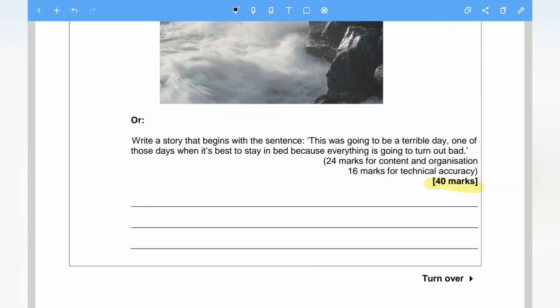But in terms of the narrative, you want to make sure it's effective, it's engaging, and you are consistently using accurate spelling, punctuation and grammar. This question is something that you have to practice, and you cannot afford to miss this question. Sometimes I see students write an answer which is half complete. You cannot do that.